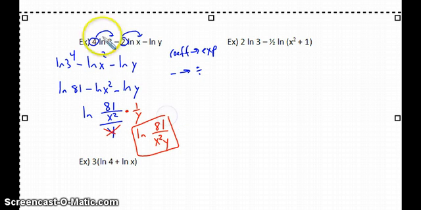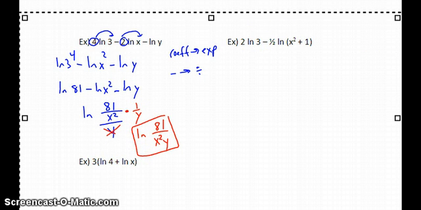So when you are consolidating multiple logs like this, first thing you want to do is always deal with the coefficients, then change in this case, your subtractions to division, and then you can't divide 3 terms like that, so instead take the fraction in the numerator and divide it by or multiply it by the reciprocal of the denominator here.